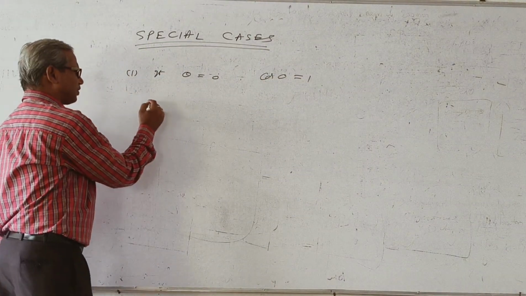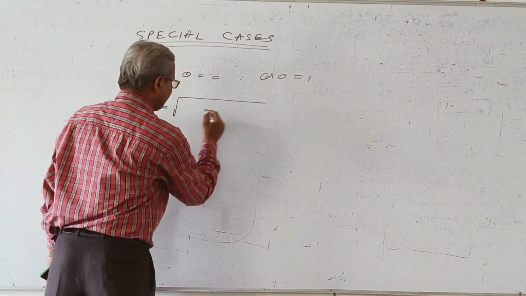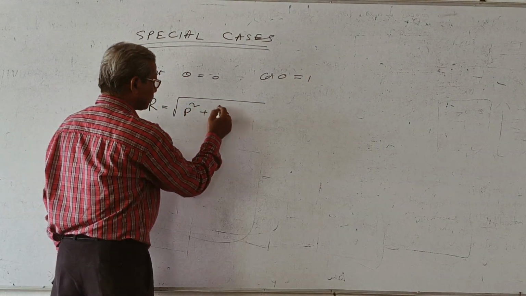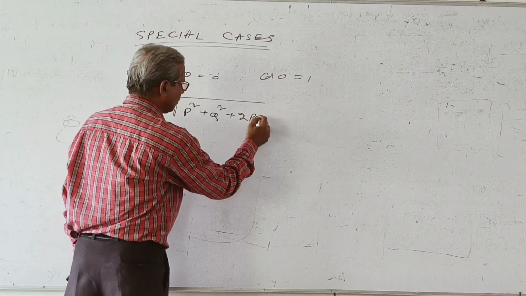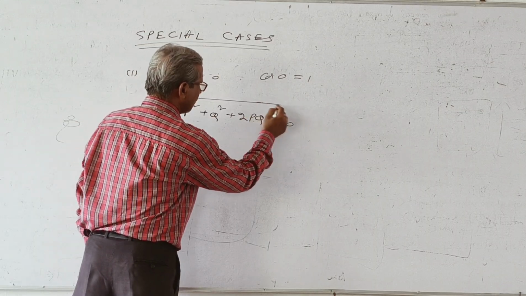So R is equal to root over P square plus Q square plus 2PQ into cos 0, this is 1.